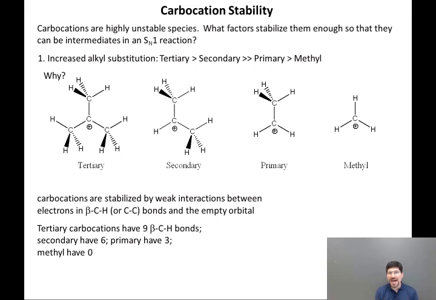So the positively charged carbon doesn't have as much to keep itself busy. So it gets bored and starts to think, oh my God, I am so depressed. I don't have enough electrons. Maybe I should just self-destruct.